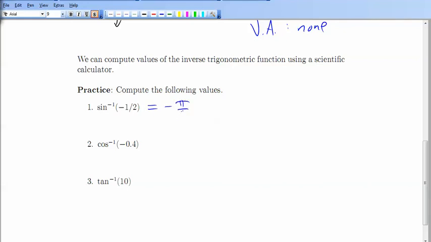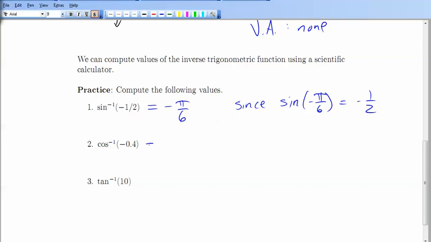So I want that angle, according to the cast rule, to have its terminal arm in the 4th quadrant. So I've got a principal angle of pi by 6, and then I apply the cast rule. Okay? Now, what does this all mean? This comes from the fact that the sine of -pi by 6 is equal to -1/2. And we're trying to swap x and y, since the inverse sine function is supposed to be an inverse.